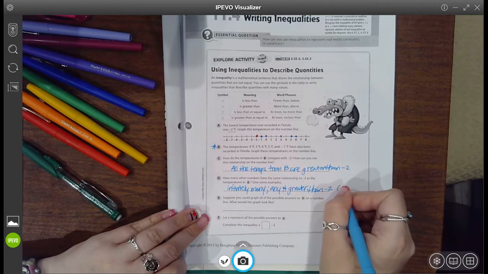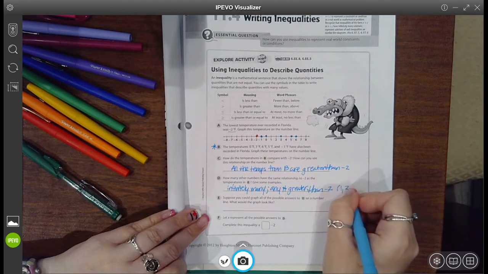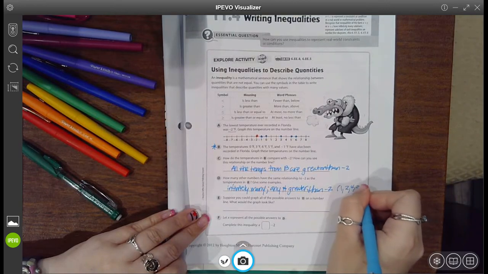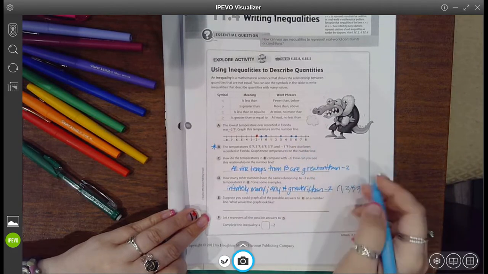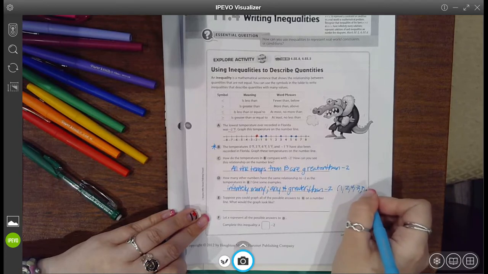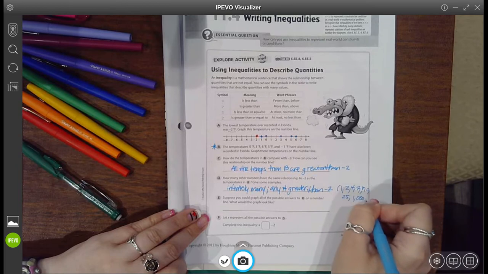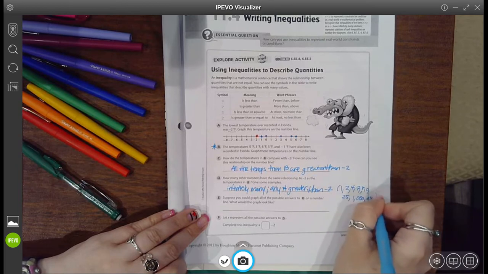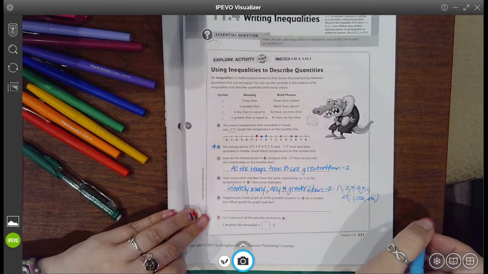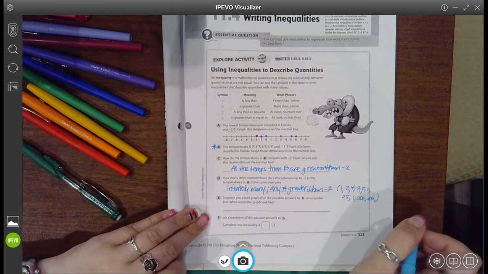And if they ask for specific examples, you could say like 1, 2, 4, 7, 8. Those are the ones that were on here that weren't used. But what about numbers not on the number line? 10, 25, 1,000, 1,000,000, 1,000,000,000, okay, etc. There's so many possibilities you could have listed of numbers that are greater than -2.